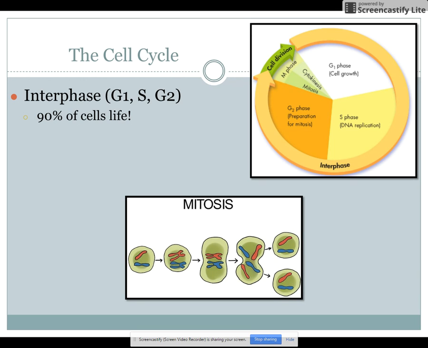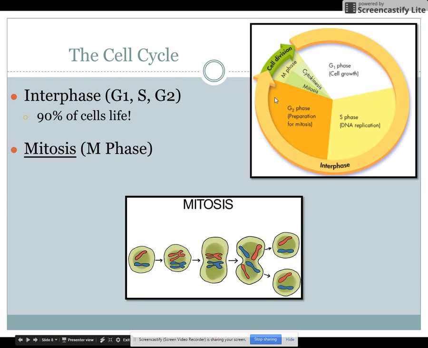Every about 20 hours, your cells replicate. You go from one to two, approximately, give or take, 20 hours on average. And 90% of that time, so about 18, 19 hours, somewhere around there, it just does normal cell growth activity. It's going to replicate the DNA, and then it's going to get ready to move into this M, this mitosis phase.